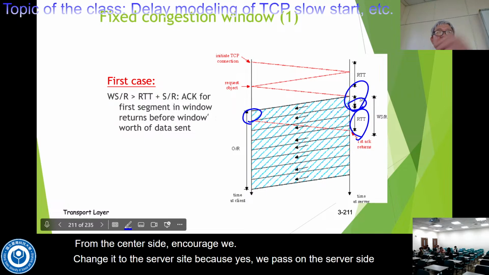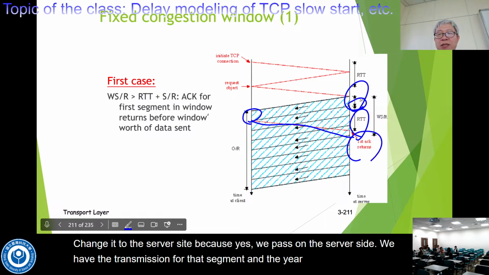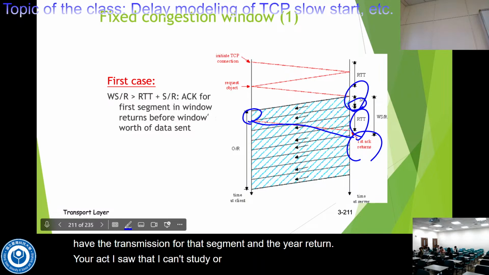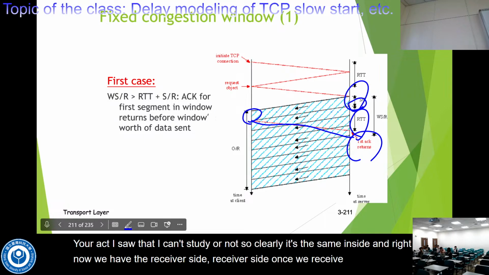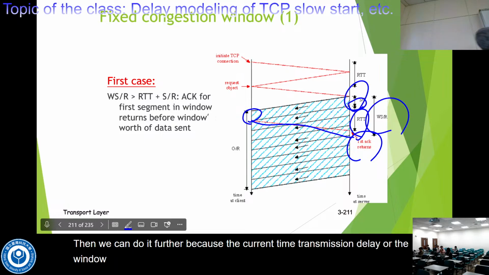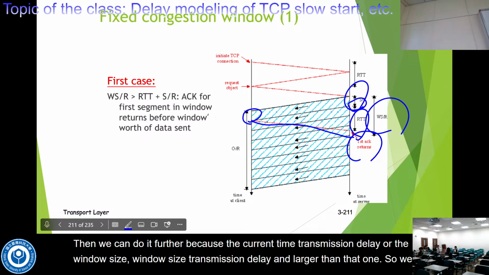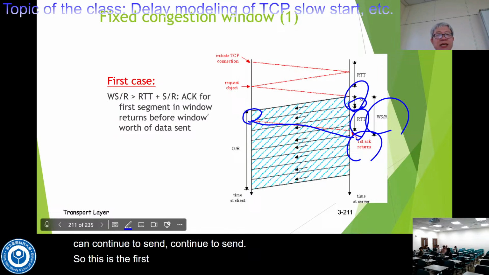We have the transmission for that segment, and the acknowledgment returns, so that I can start sending or not. Previously it was the sender side, and right now we have the receiver side. Once we receive it, we can do it further. Because the window size transmission delay can be larger than that one, we can continue to send. So this is the first case, and the current case says no gap.